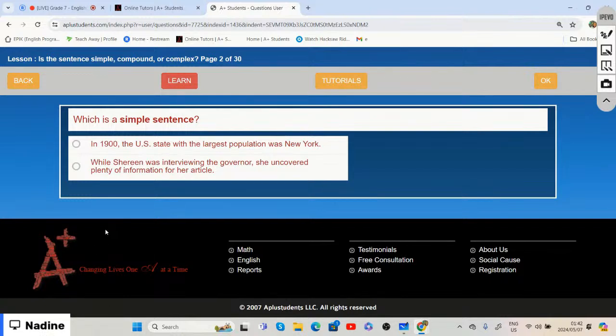So it says, which is a simple sentence? Is it, in 1900 the US state with the largest population was New York, or while Cherie was interviewing the governor, she uncovered plenty of information for her article?